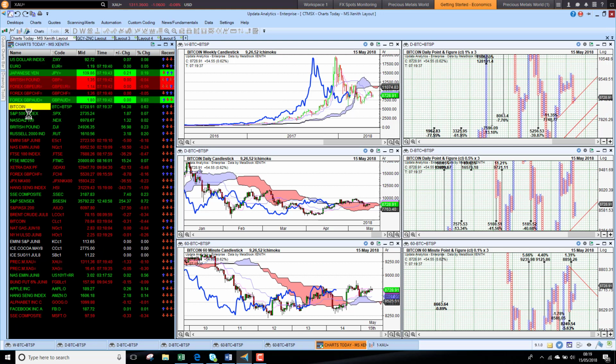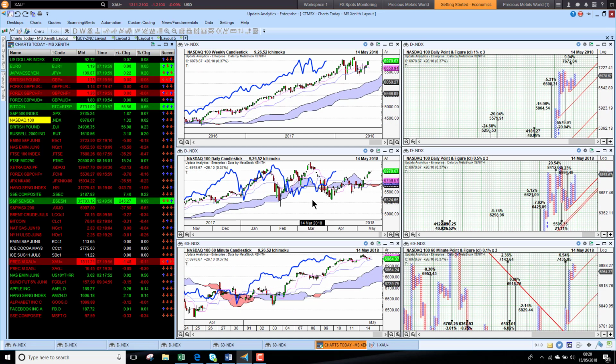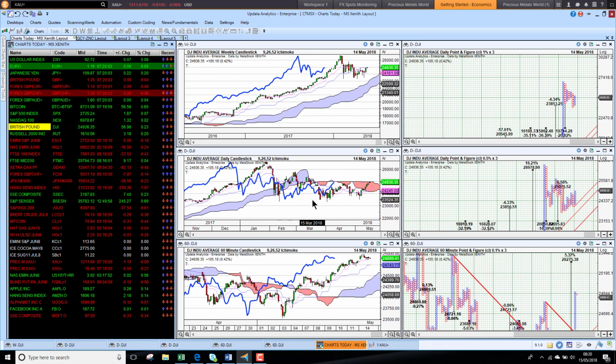S&P 500 index overnight was up about 0.25%, so just continuing its move above the cloud here. And the Nasdaq also was up overnight by just over 1/3%, and so generally US markets just continuing that recovery phase.